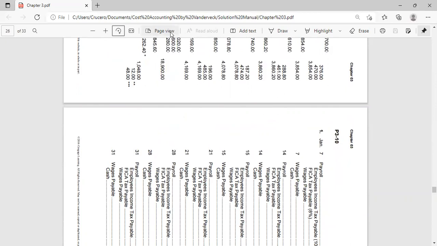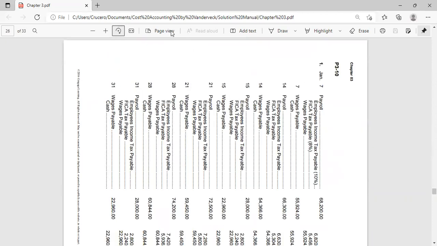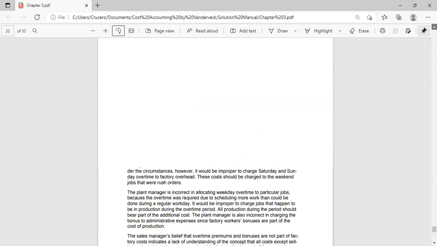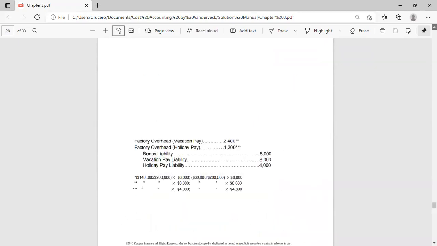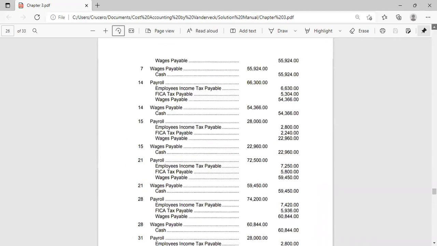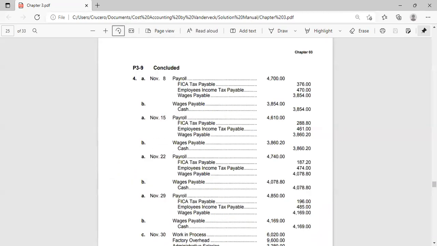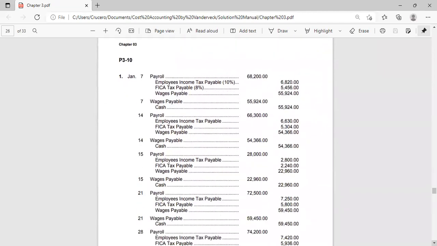Okay, now 3-10. The factory payroll for the week is $500,000, consisting of $300,000 earned by 250 direct laborers and $200,000 earned by 150 indirect laborers. The total of factory bonuses to be received at year end is estimated at 750,000.